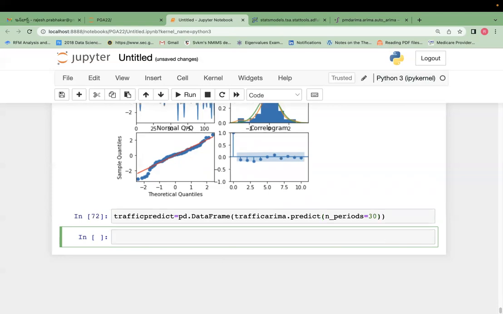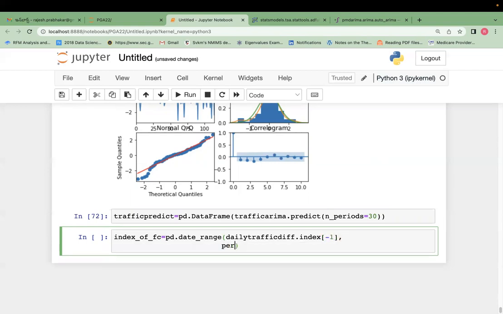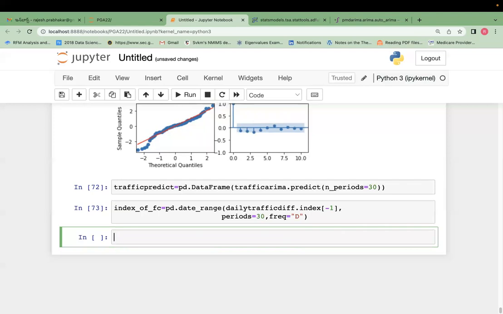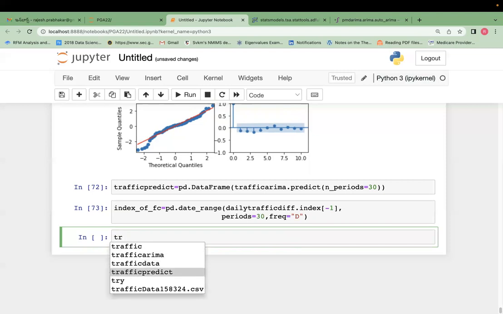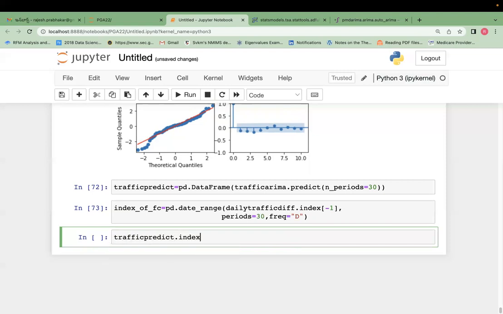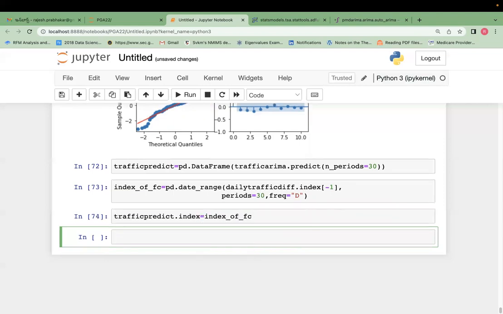We are predicting for the next 30 days. index_of_fc is equal to pd.date_range(daily_traffic_diff.index[-1], periods=30, freq='D'). traffic_predict.index is equal to index_of_fc.